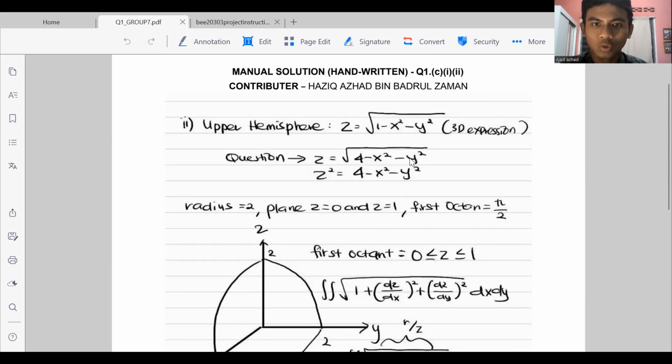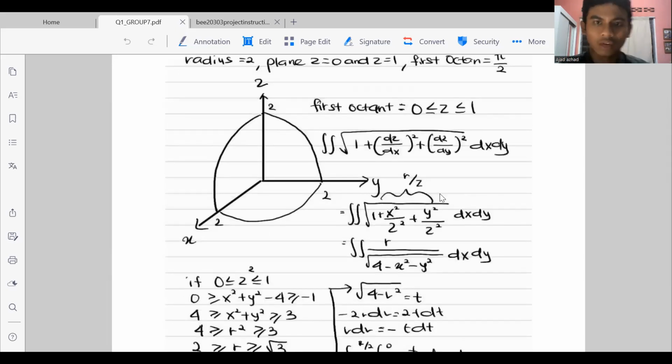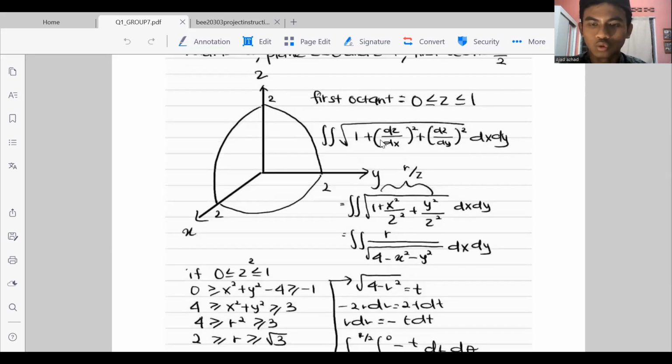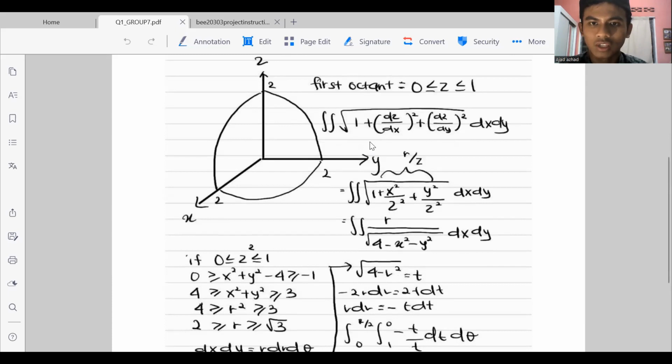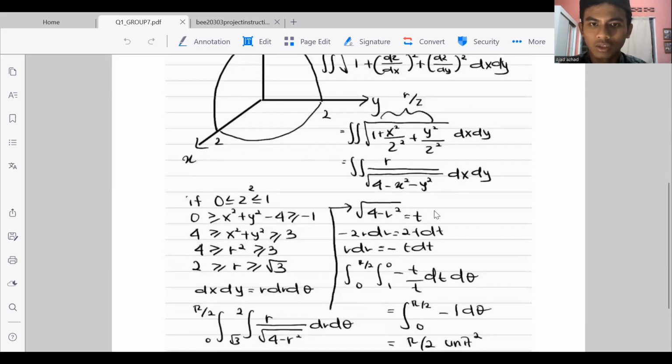So from the equation, we can define the third expression, which is z squared equal to 4 minus x squared minus y squared. First, we need to integrate from the equation, and finally we will get the integrand r over square root 4 minus x squared minus y squared.